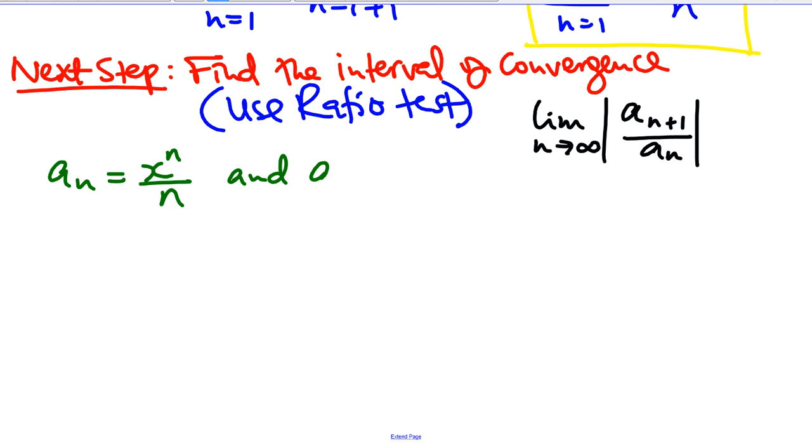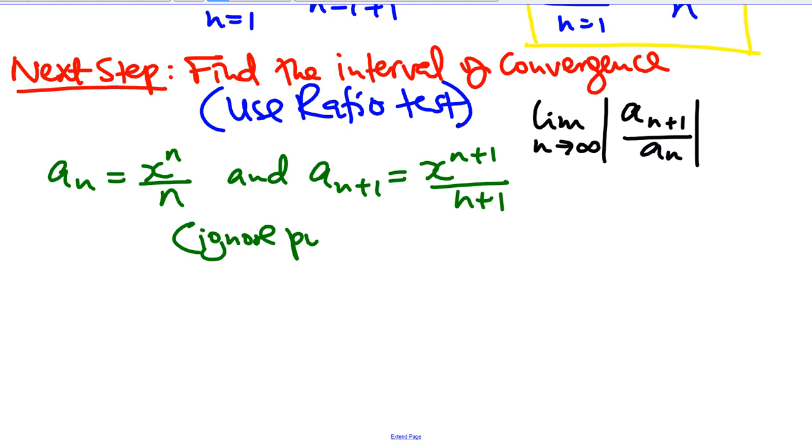And a sub n plus 1 will be x to the power n plus 1 over n plus 1. Let me just write here: ignore powers of negative 1. All right, if that makes sense.